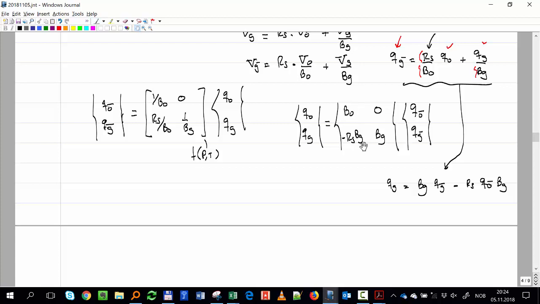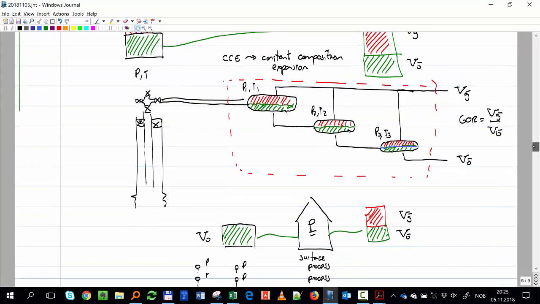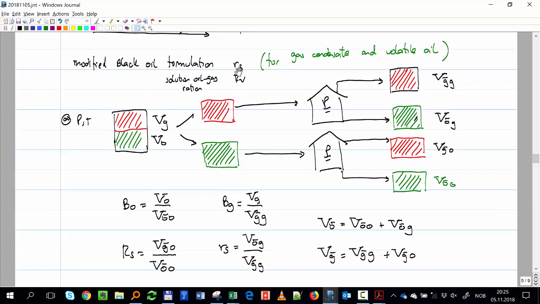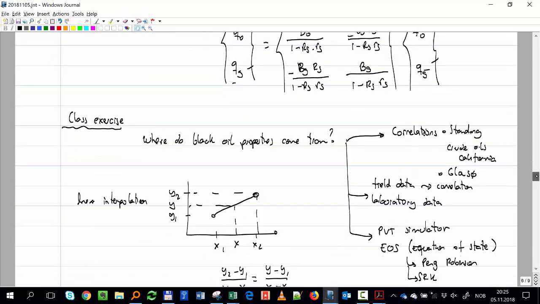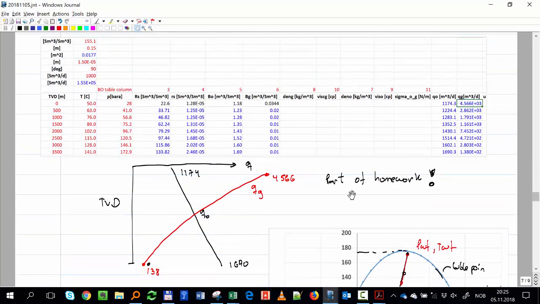You can follow this case if the oil is relatively low API and the GOR is very low. If not, you need this new modified approach where you capture the oil that comes from the gas. We did an exercise, and you had this as part of the homework to make that plot.